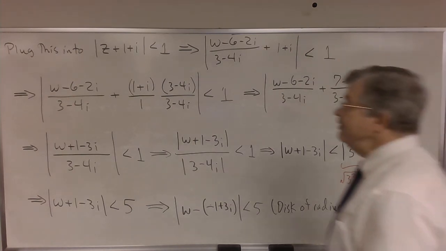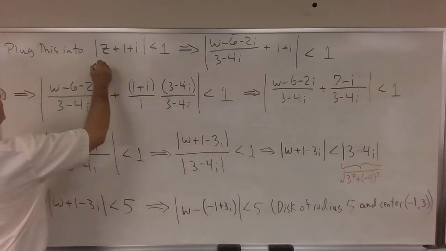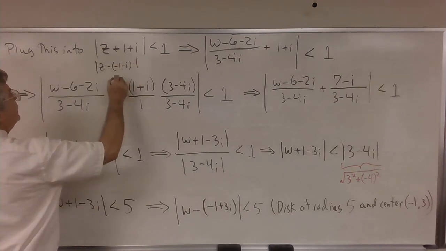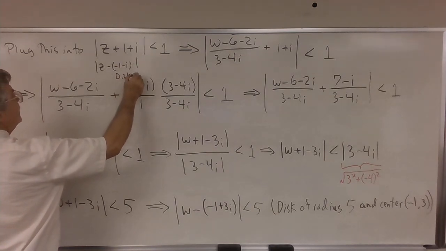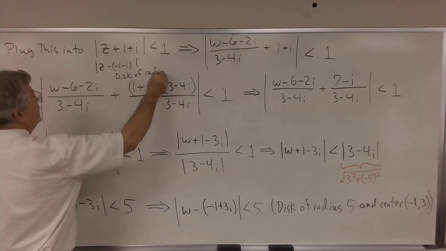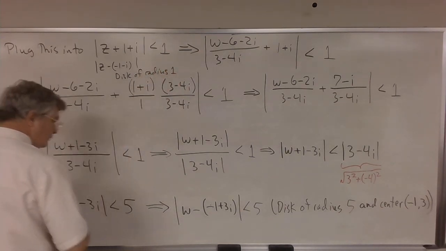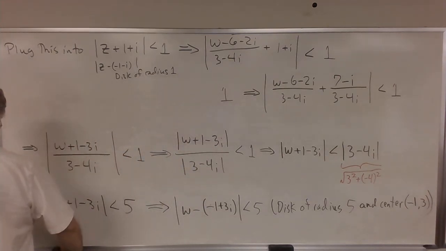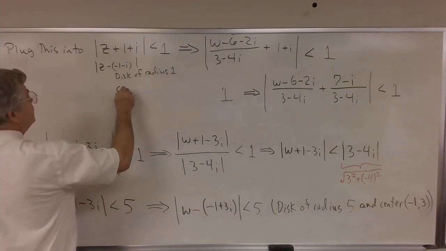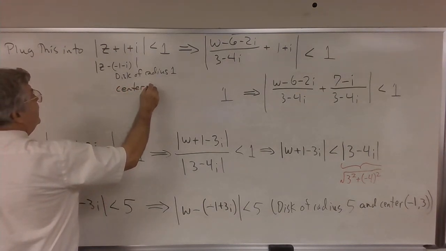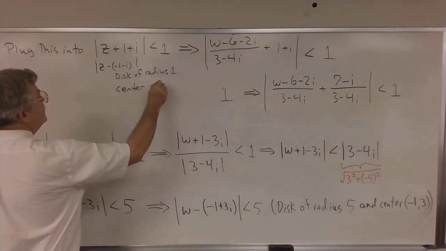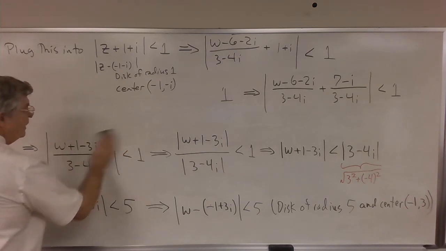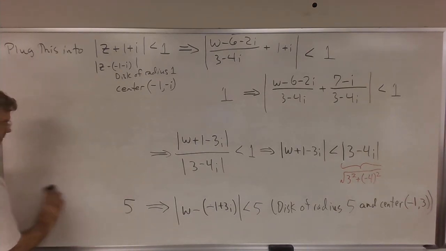Okay. And this thing, this is z minus negative 1 minus i. So this is a disk of radius 1 and center x, y equals negative 1, negative 1. And let's draw a picture of that transformation.